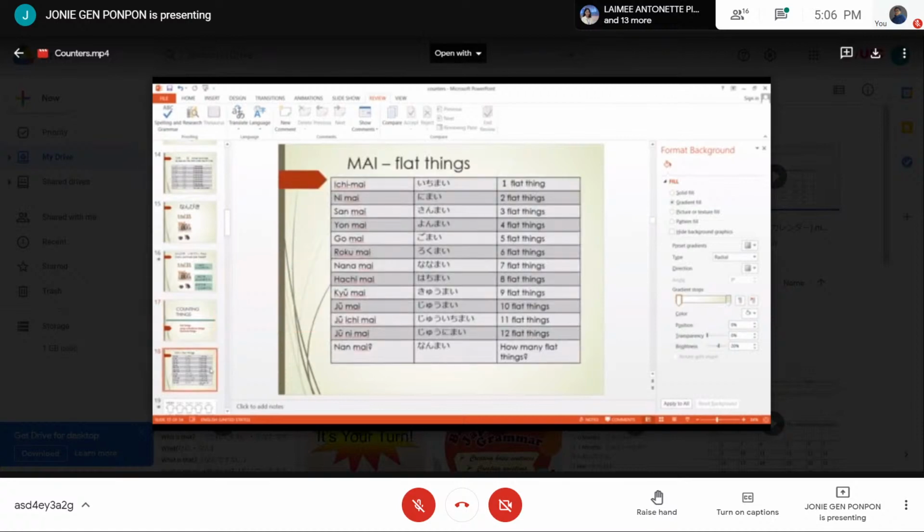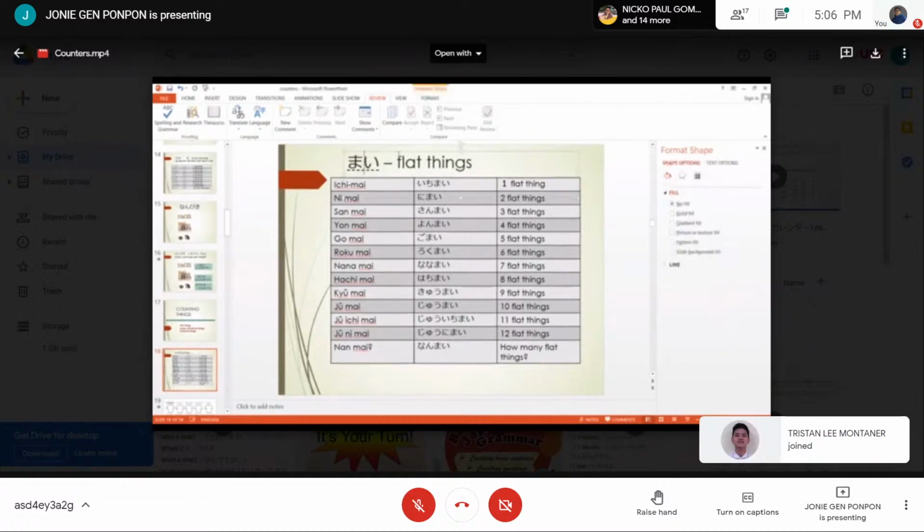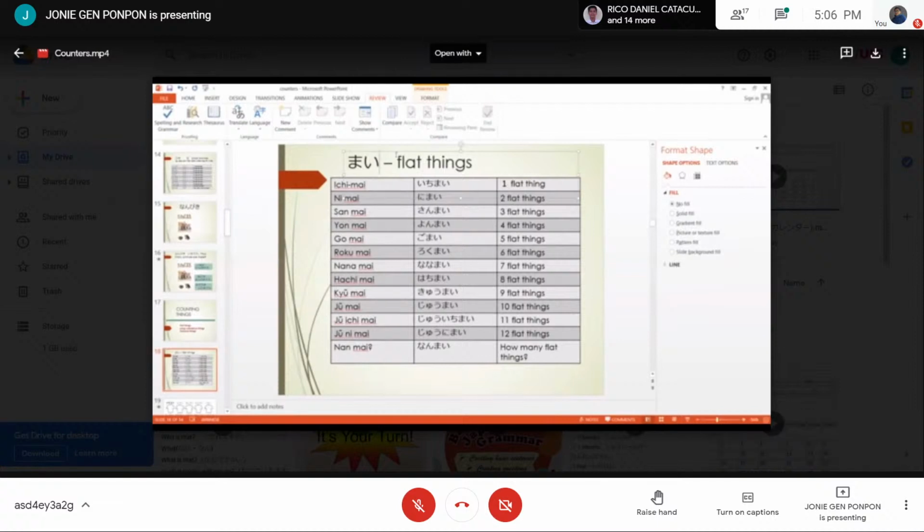The suffix here is mai. For one flat piece, you say ichimai, or you can say hitotsu if you want.